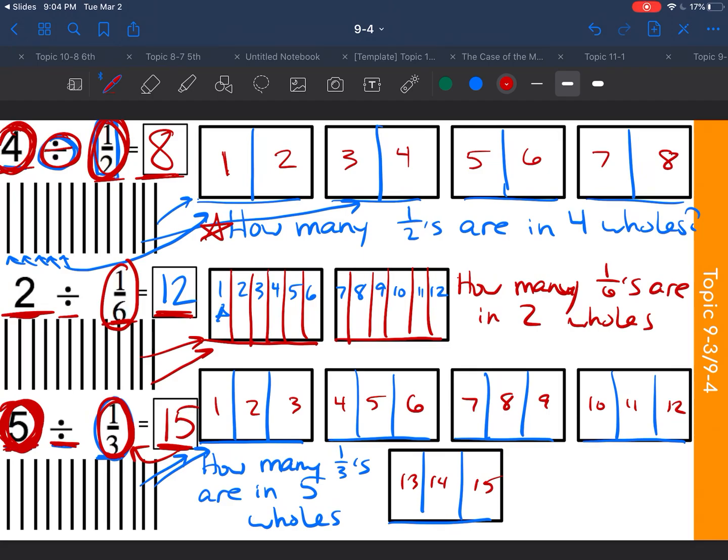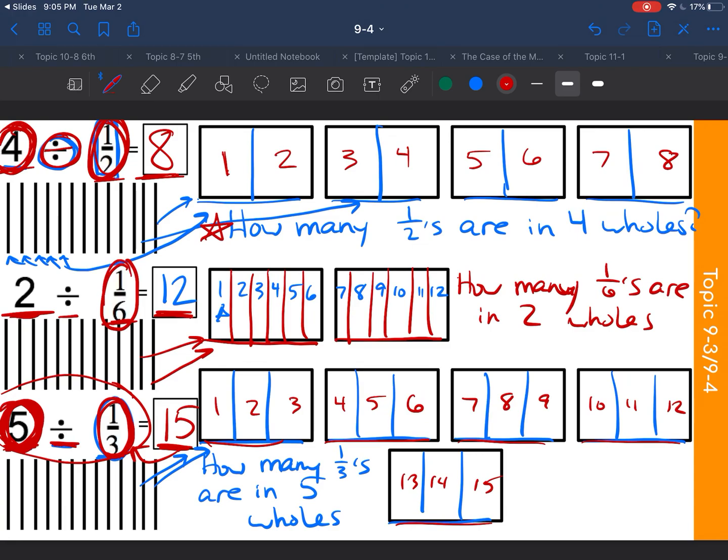So what you are going to do is complete a little practice after this. It's basically going to be a Google slide very similar to this lesson, where I am going to have you model out some of these problems so you can get your answer. I am already going to draw out the holes, and what you are going to have to decide is how many sections each whole needs to be broken up into.